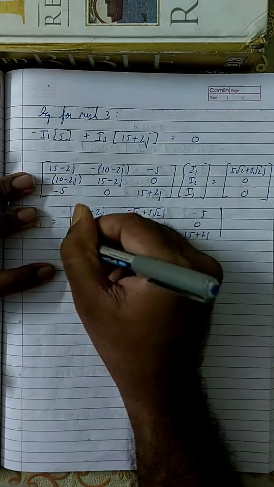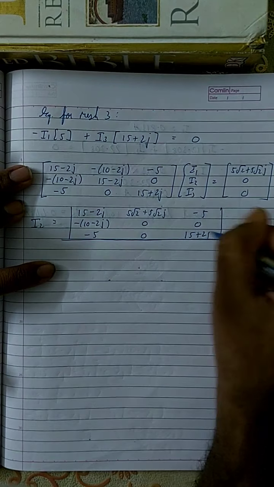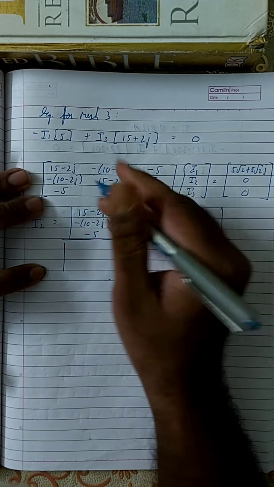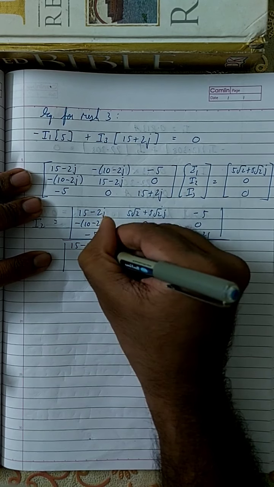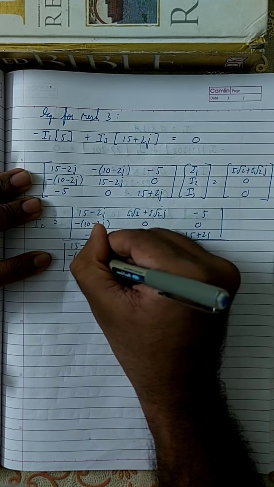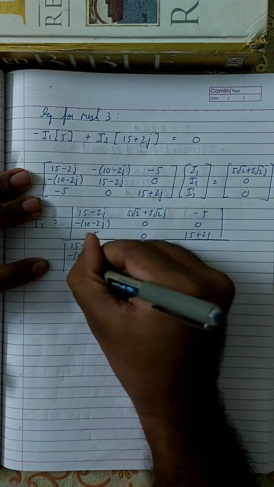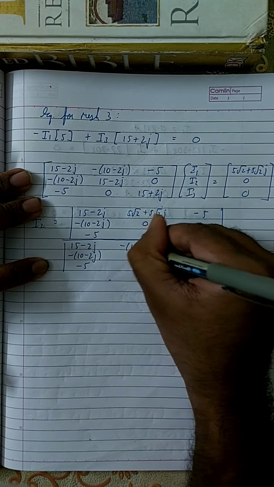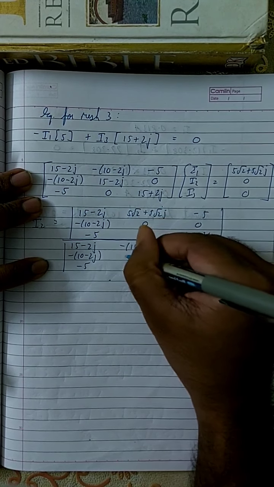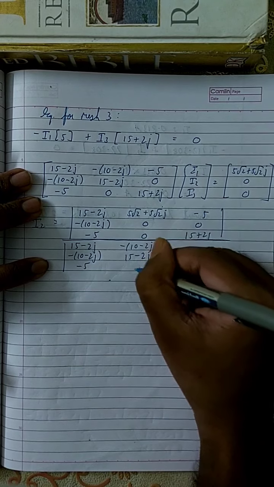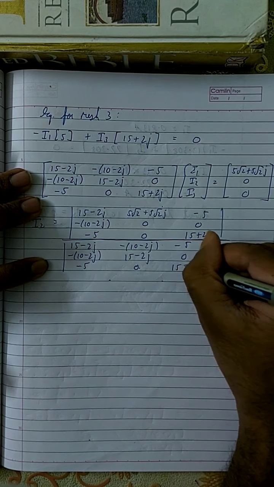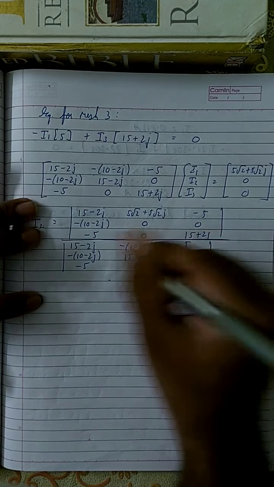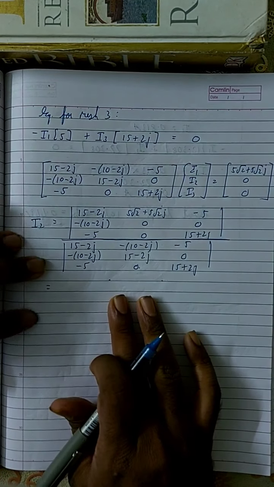This is the numerator, divided by the determinant of the coefficient matrix: 15 minus 2j, minus of 10 minus 2j, minus 5; minus of 10 minus 2j, 15 minus 2j, 0; minus 5, 0, 15 plus 2j.